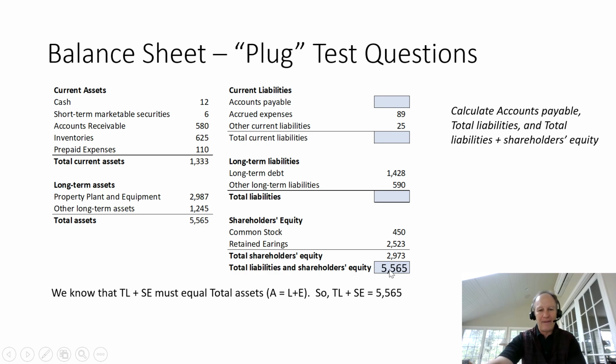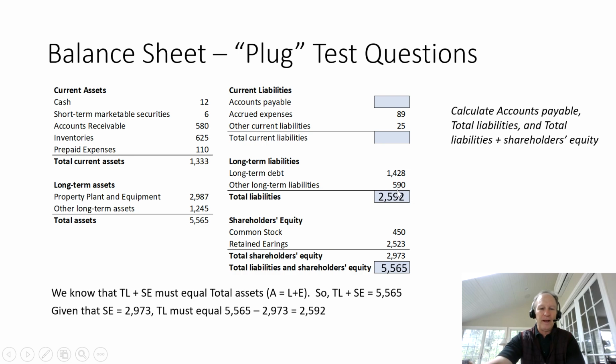Well, now that I have that, and I know what shareholders' equity is, I know what total liabilities must be. Given that shareholders' equity is 2973, total liabilities must be 5565 minus 2973. So that's 2592. So that's got to be that number.